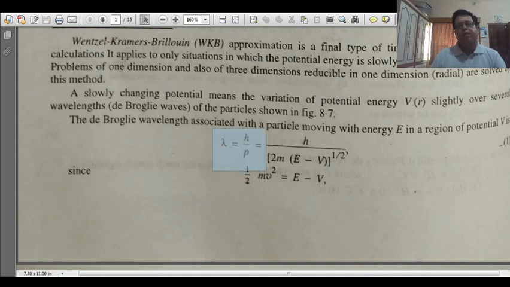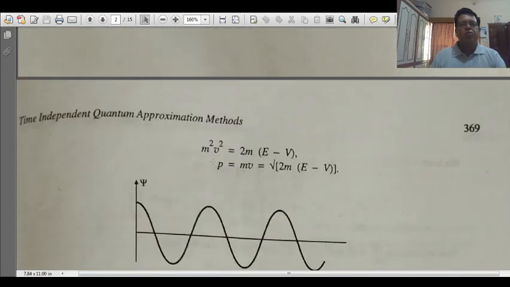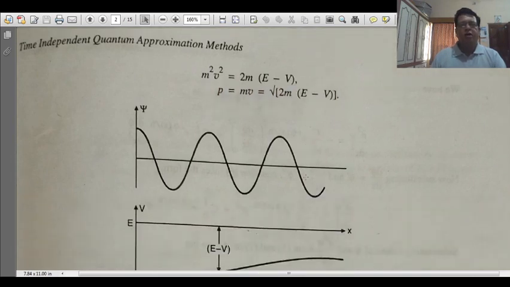But p is given by the square root of 2m(E minus V), because we know that half mv squared equals E minus V. From here we can easily calculate p equal to the square root of 2m(E minus V).